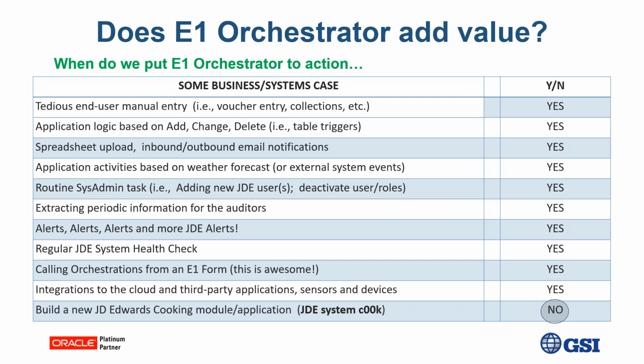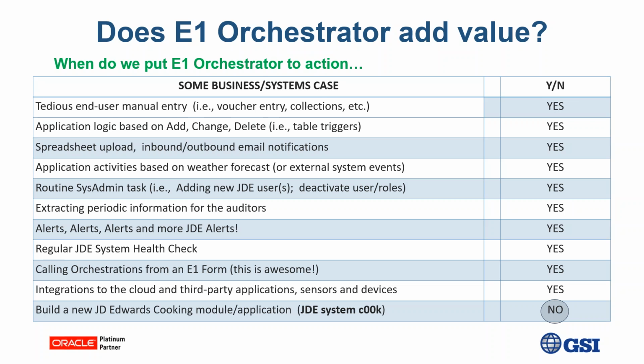And then alerts and routine system health checks are also possible within EnterpriseOne Orchestrator, with very little help needed from third-party applications. So, the last example on this list is just saying that we have to understand what E1 Orchestrator is before embarking on a massive project like creating our own module.